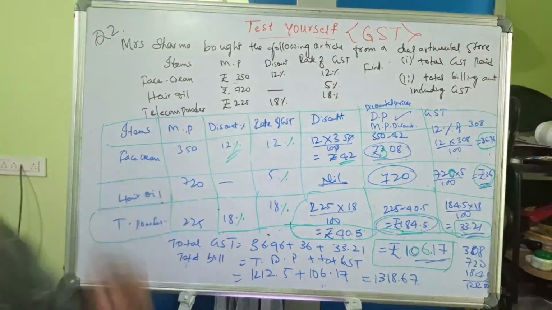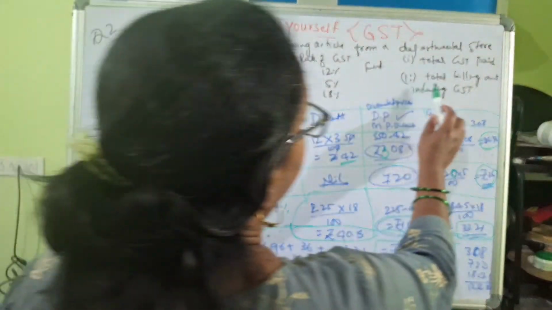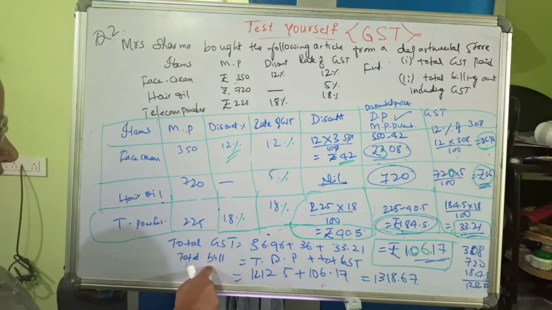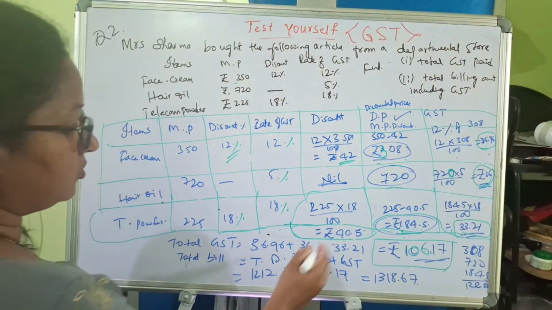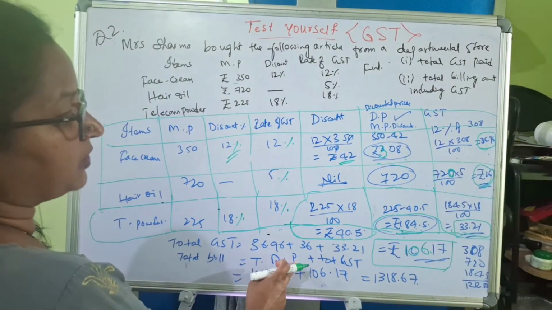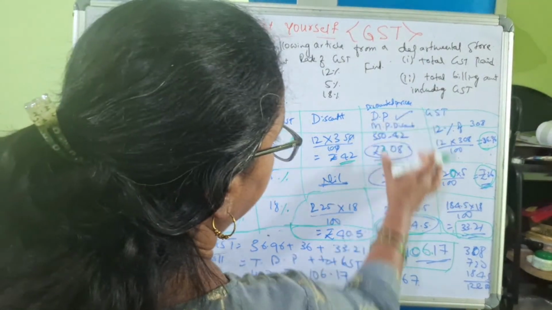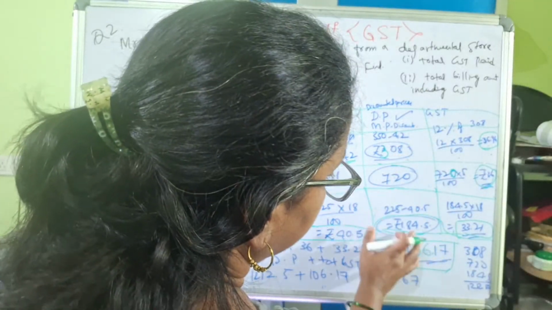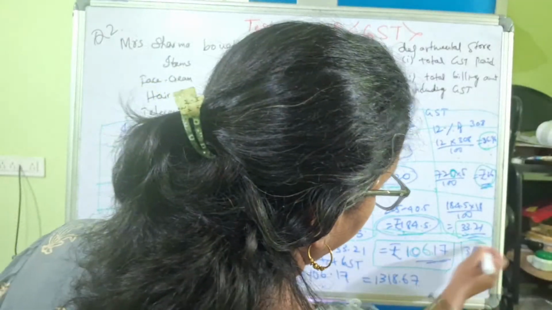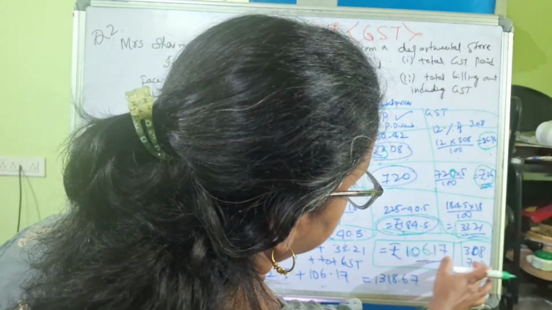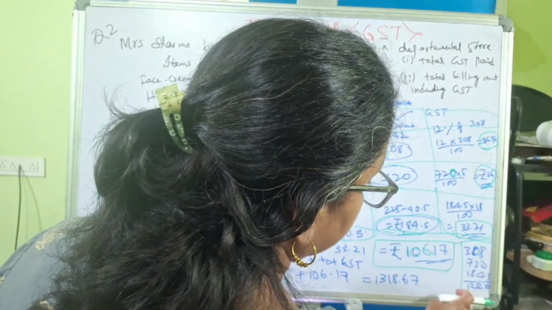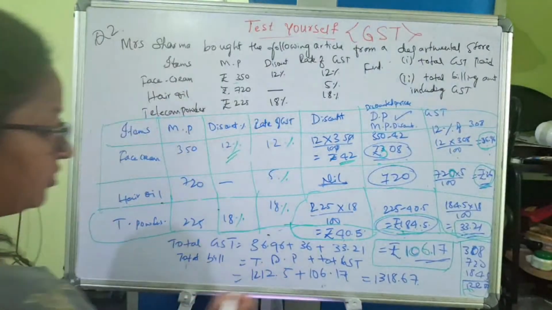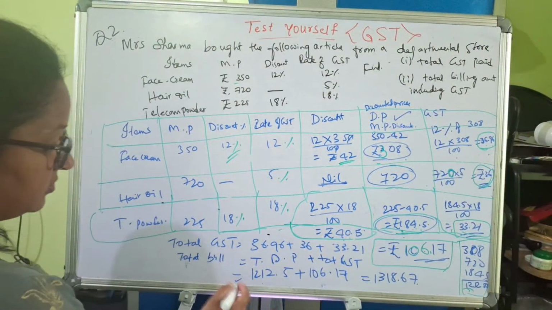And in the second question, we have to find the total billing amount including GST. So the total billing amount is equal to the total discounted price plus GST. That means we have to add up all these three. That means 308 plus 720 plus 184.5 is equal to 1212.5 is the total discounted price.